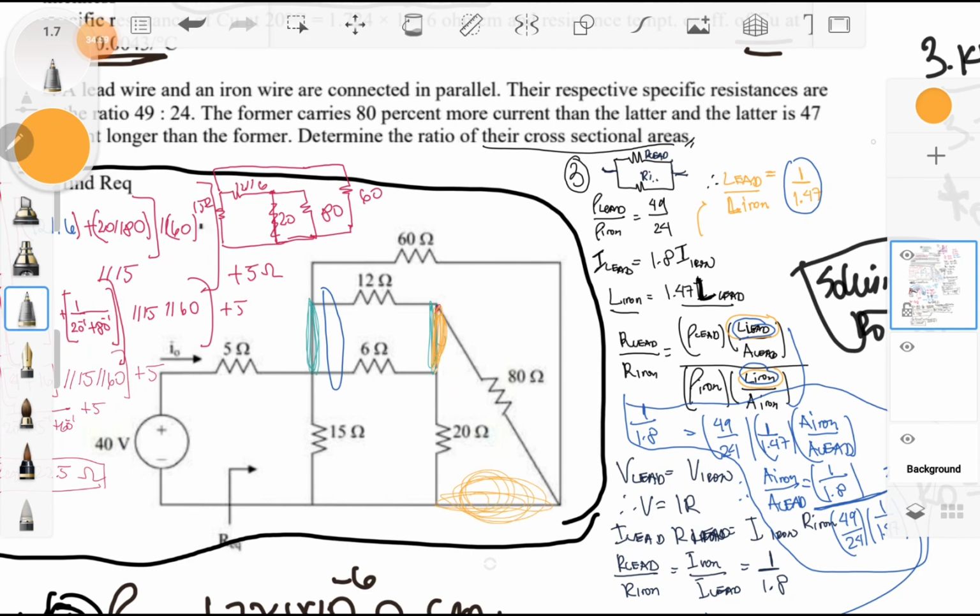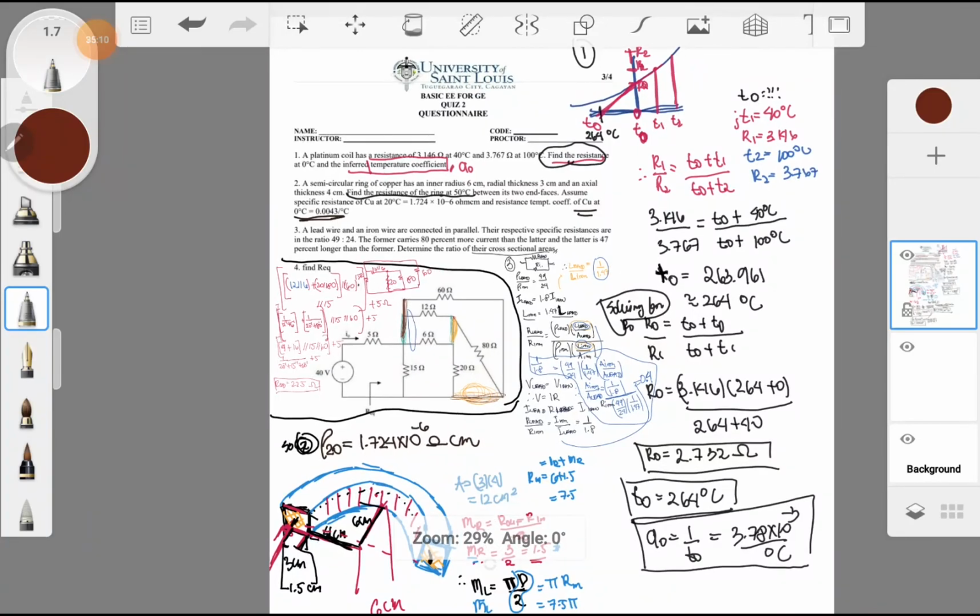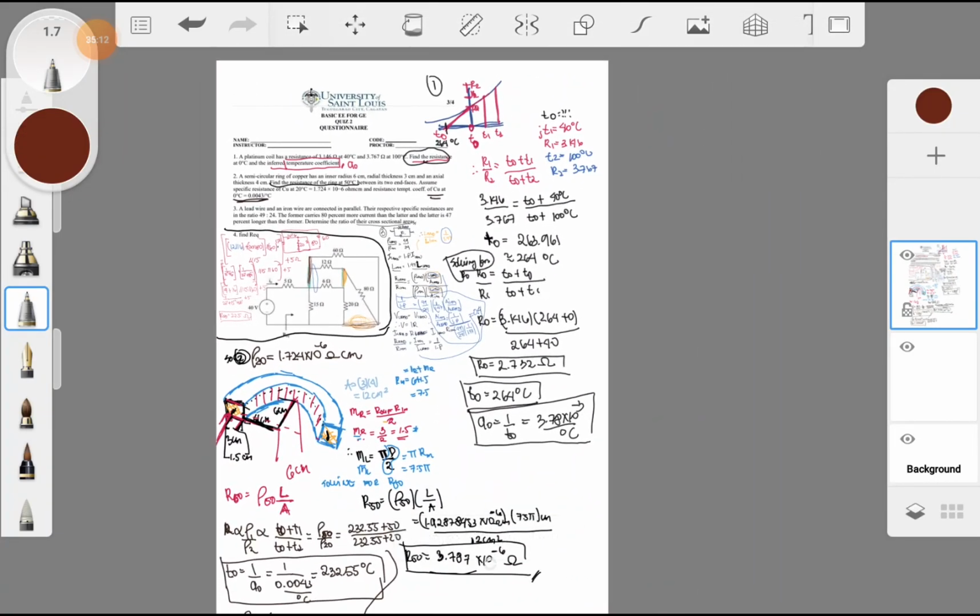Then after getting the series, you will see that we have same node and same node. Okay. So yan lang yung mga sagot ng ating quiz number 2. Alright. So ayan.